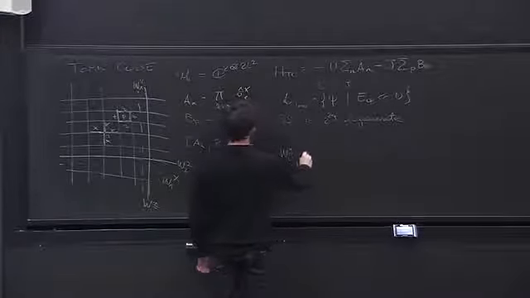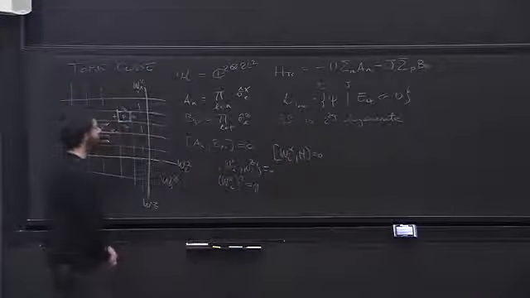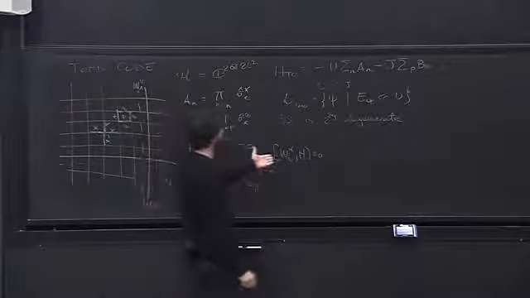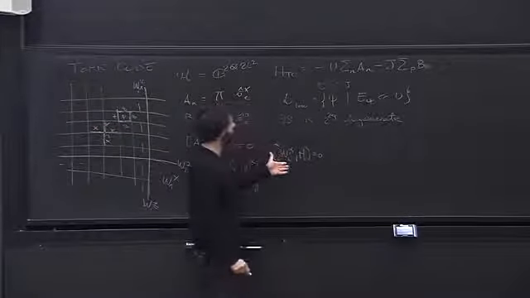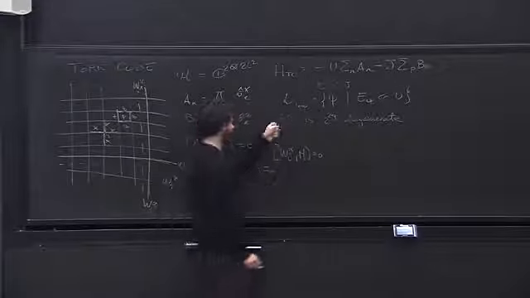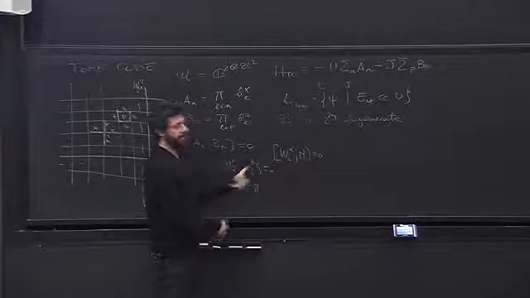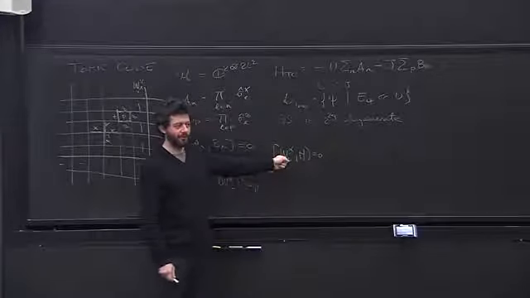Commute. Which means that if I act on a state that is in the ground state subspace, then I stay there, right? Because it commutes with the Hamiltonian, I cannot change the energy.